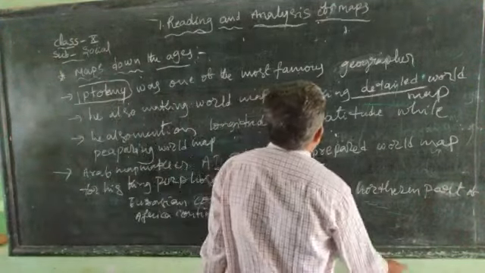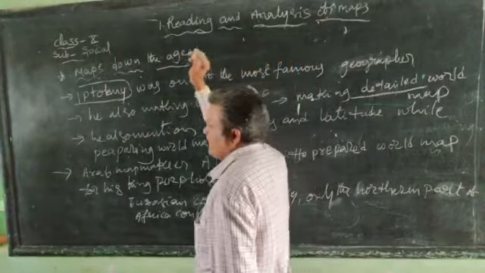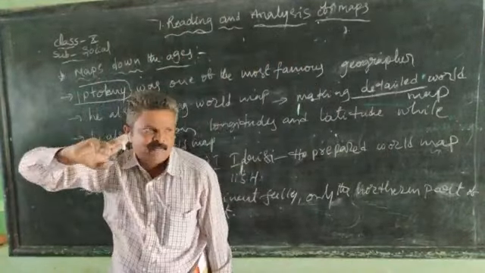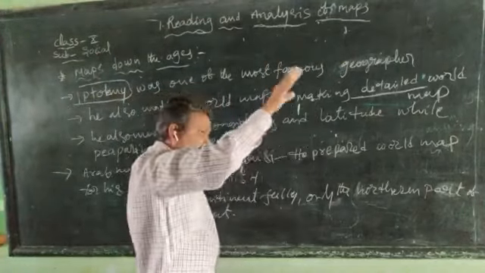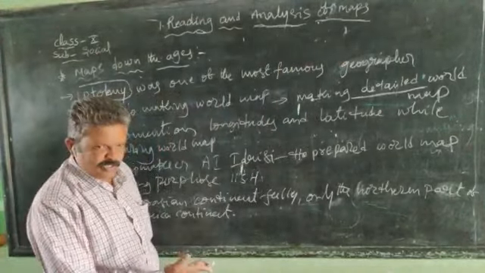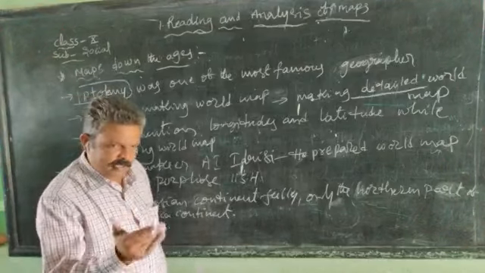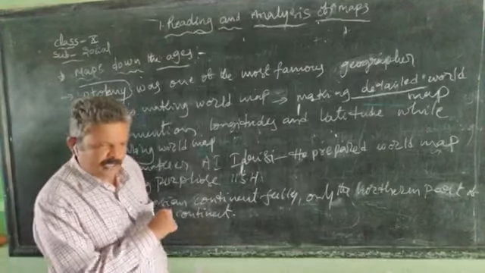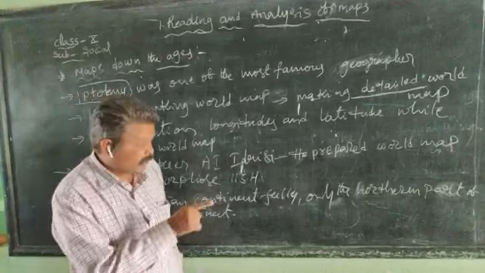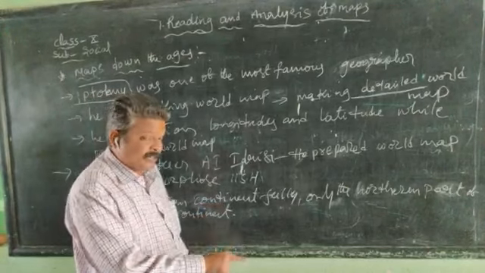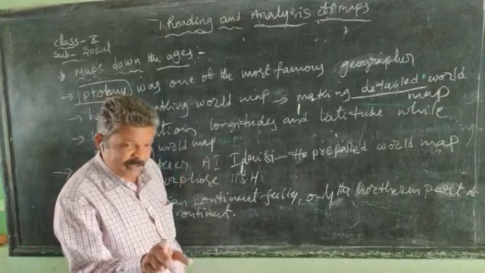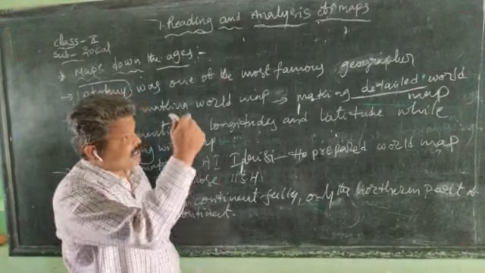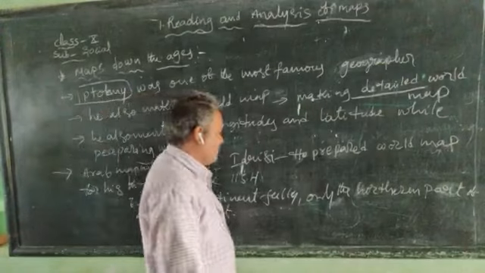Today, on a map, what is north? The top of the map is the north direction, the bottom portion is the south direction, the right side is the east direction, and west is the left hand. But Idrisi mentioned north at the bottom portion and south at the top portion.